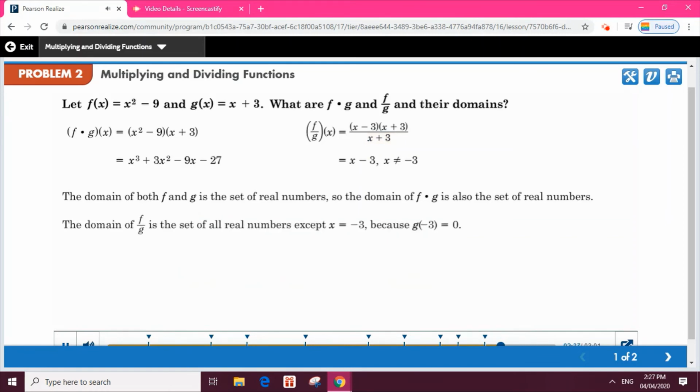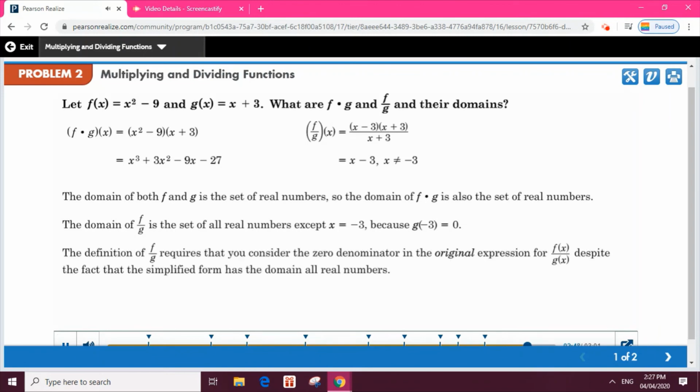The domain of f divided by g is the set of all real numbers except x equals negative 3, because g of negative 3 equals 0. The domain of f divided by g requires that you consider the 0 denominator in the original expression for f of x divided by g of x, despite the fact that the simplified form has the domain of all real numbers.